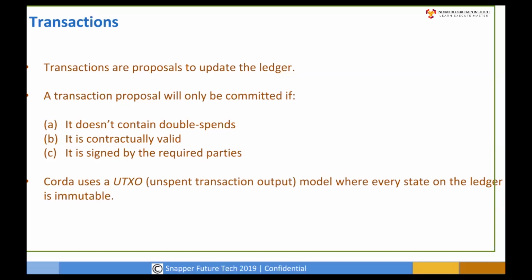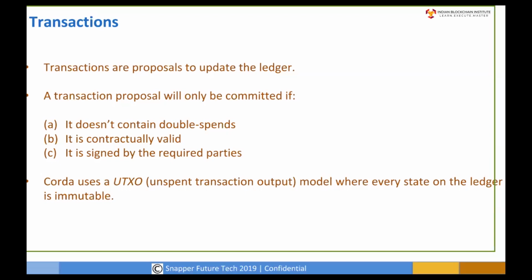There shouldn't be a double spend. It must be contractually valid. So in the contract, if the written conditions are valid, then only the transaction will be committed, and it must be signed by the required parties.